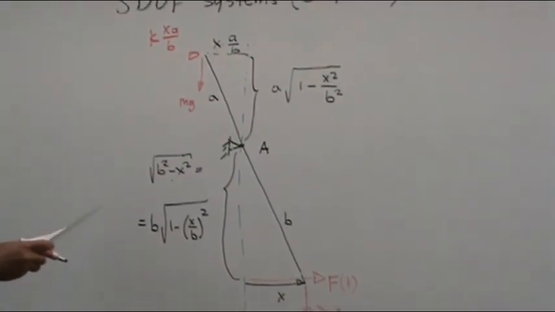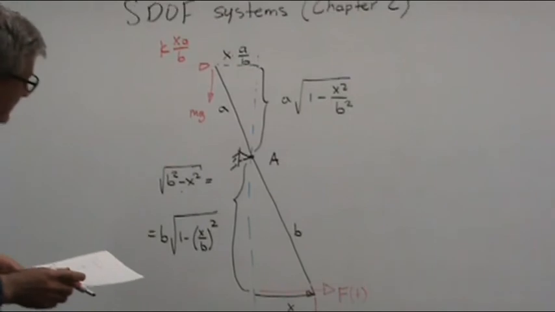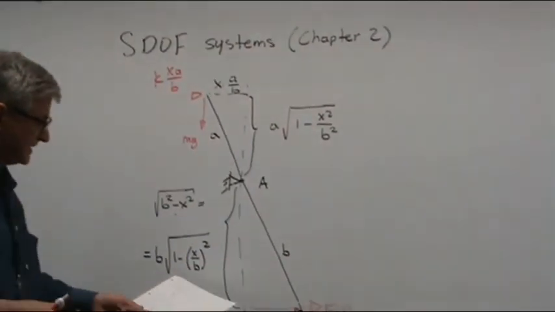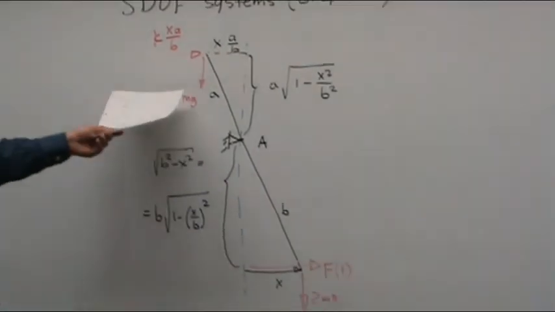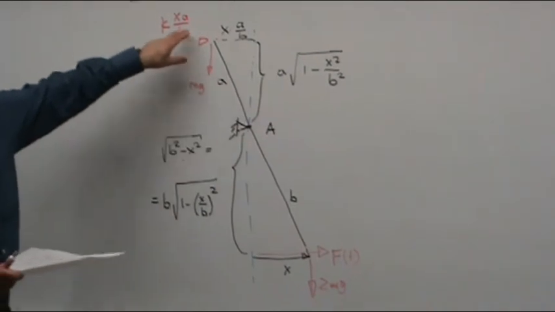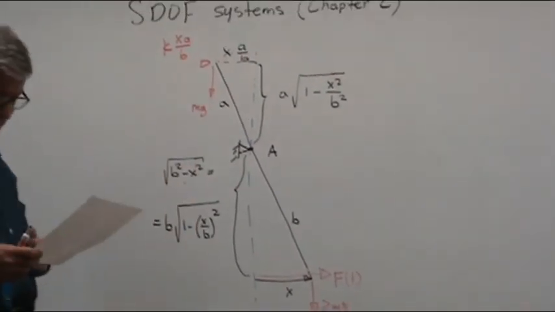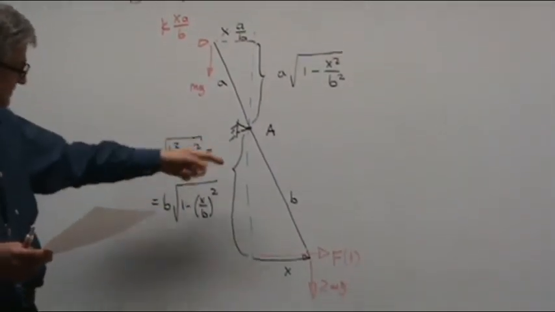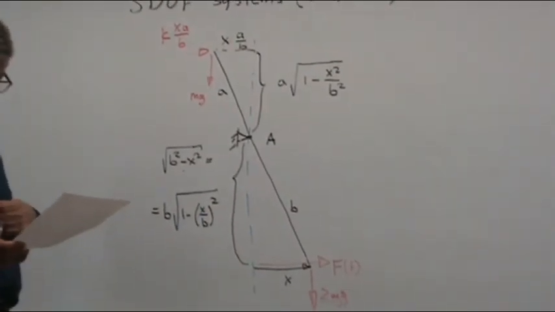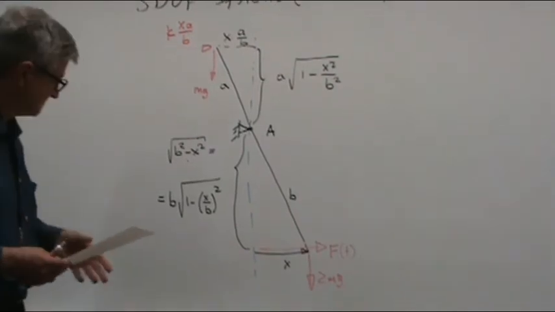Okay. So now we'll write the equation of equilibrium. That means the summation of all the moments, there are 4 moments because of these forces, the summation of all these moments is equal to 0, right?